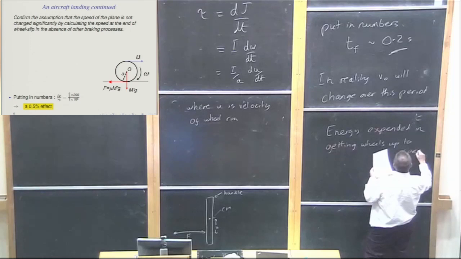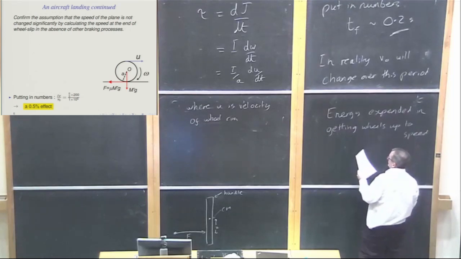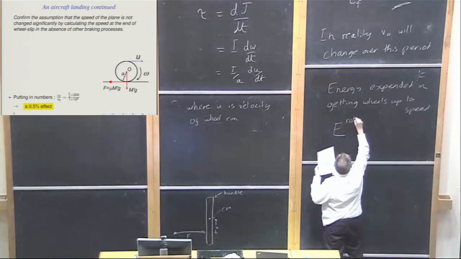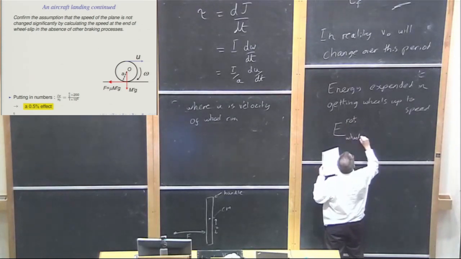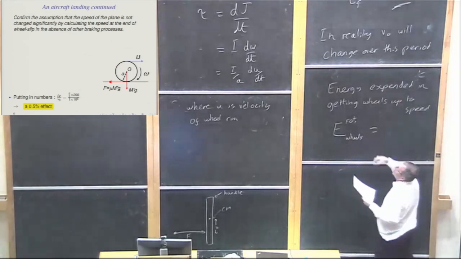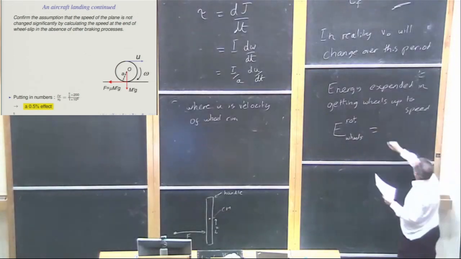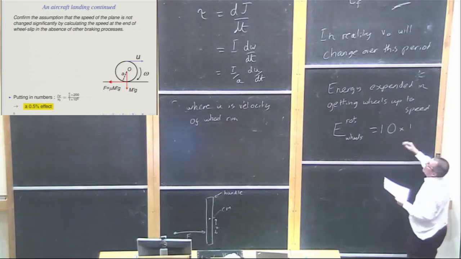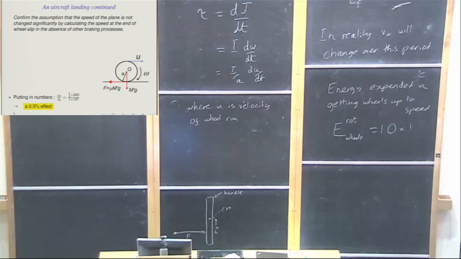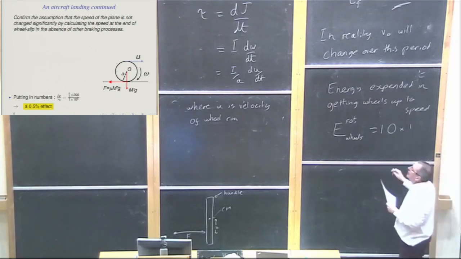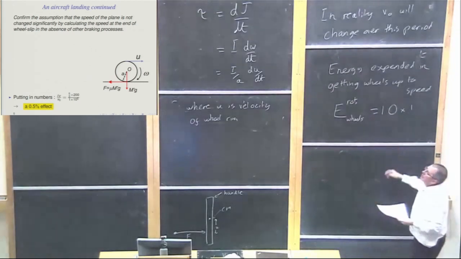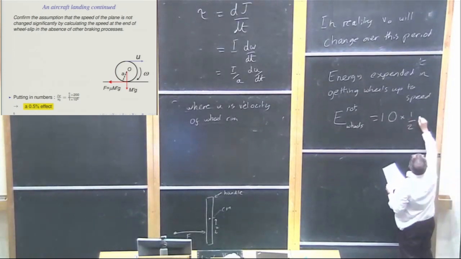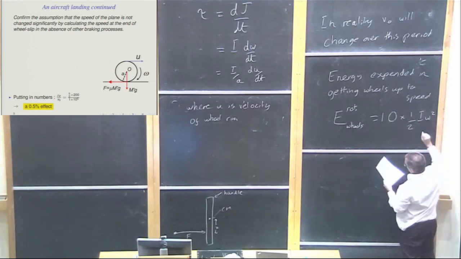Well, the E rotational of the wheels when it's got up to full speed is going to be given by 10, because there's 10 wheels, times the kinetic energy of the rotation of each wheel. And remember, kinetic energy for rotational motion is given by a half I omega squared. So a half I omega squared.